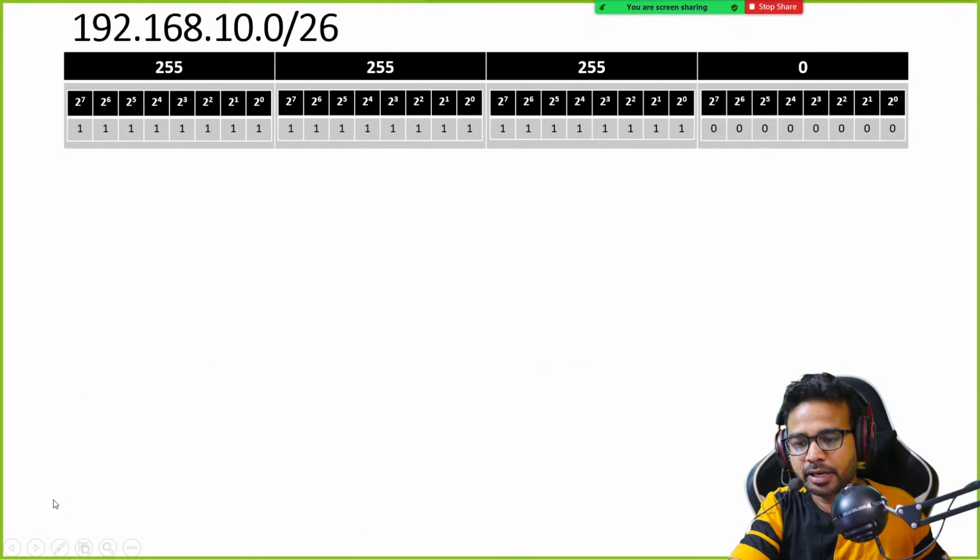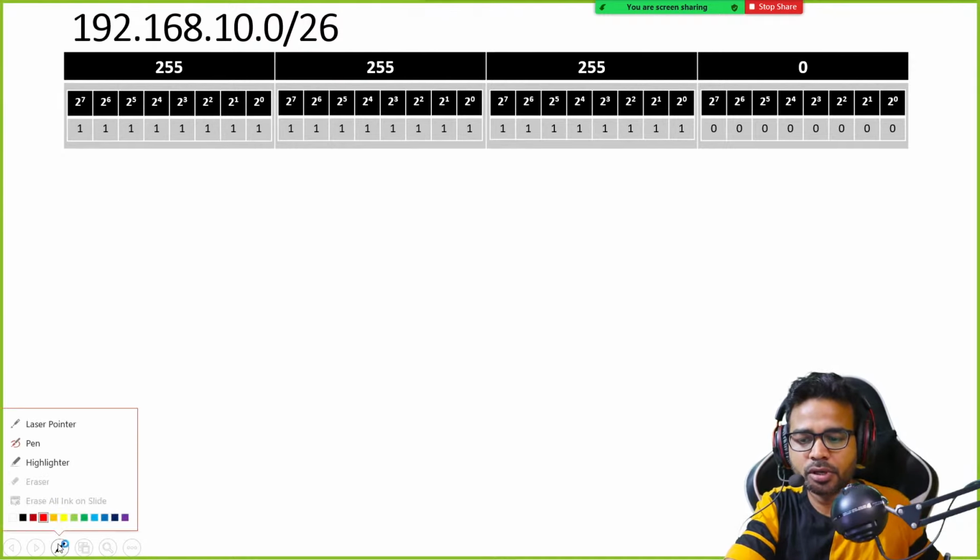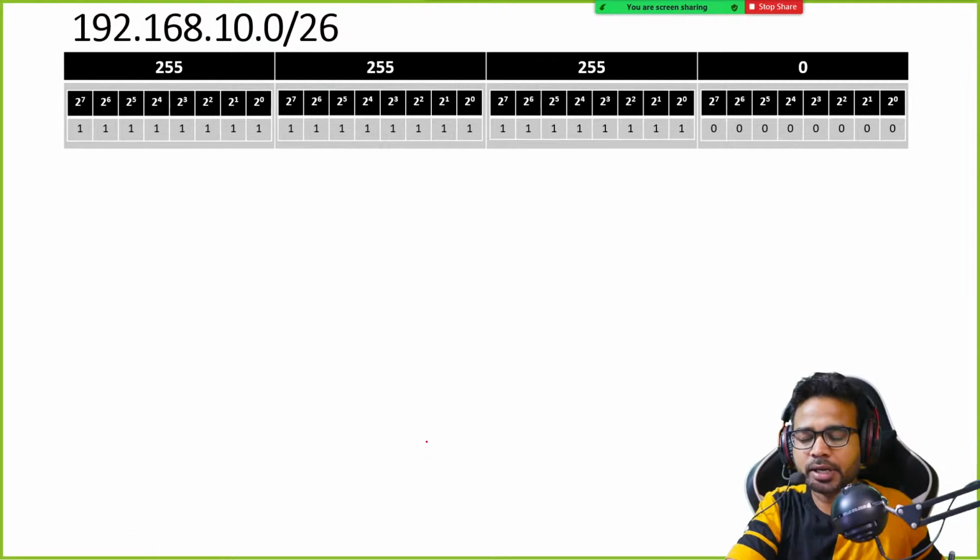Okay. Now I would like to show you one interesting fact about this subnetting. For example, if I ask you to write down all the network IDs that you will get, how can you find them? So what we have found is the total number of hosts on each network, which is 62, correct?